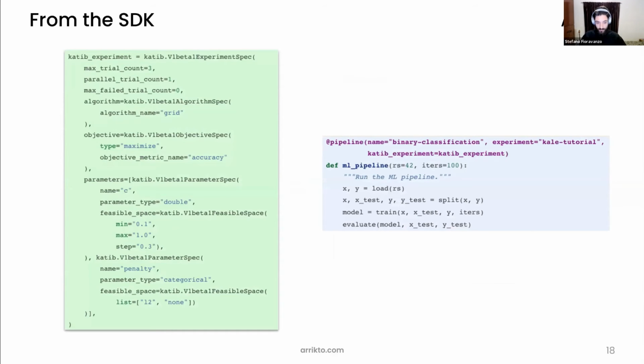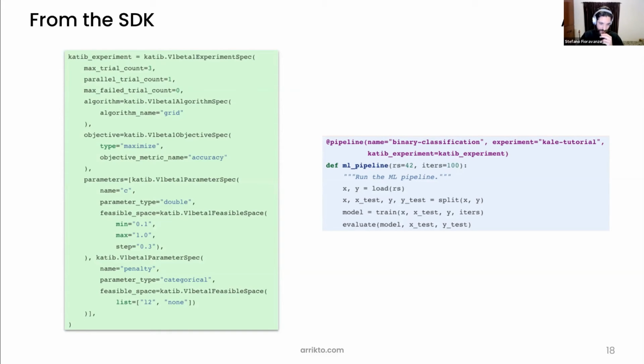What you do instead from the SDK would be to define the kind of search space you want the HP tuning job to optimize for in Python code. On the left, you can see how to do that with the Katib SDK. It looks a bit complex, but once you look at it, it's really not.